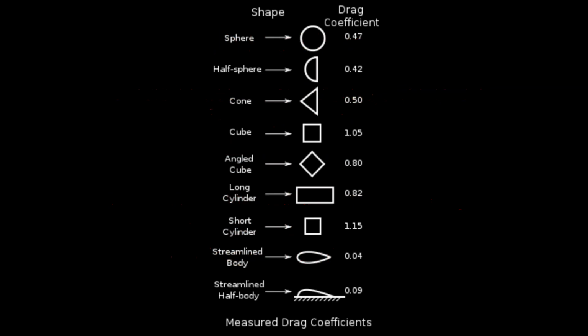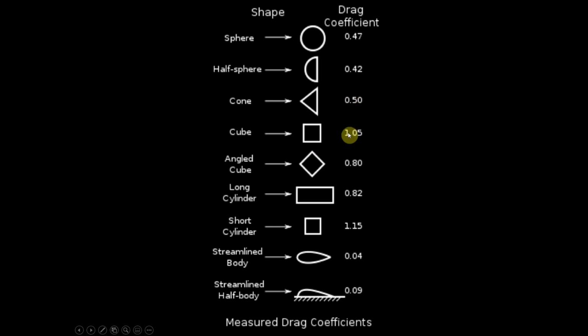And of course, we can see these kinds of relationships. They don't scale quite as well as you'd think in terms of a sphere here at 0.47 not being exactly halved once you cut the sphere in half. So this is the drag coefficient and this is the shape. If we cut a sphere in half, it doesn't drop to 0.2, it drops to 0.42 here in terms of its coefficient.